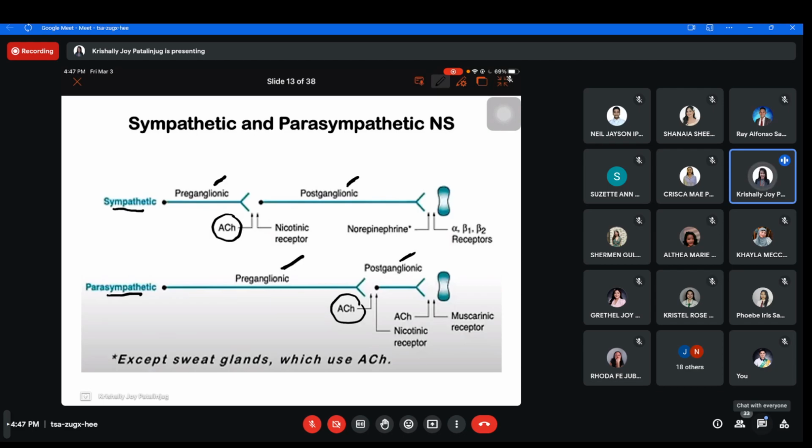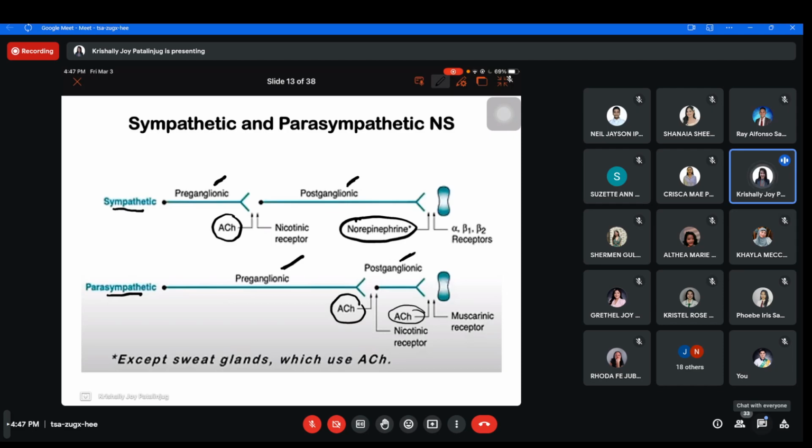And then pagdating naman sa postganglionic neuron, dun sila nagkakaiba. Yung pinakita dito is the principal neurotransmitter, norepinephrine. Then for parasympathetic naman, diba, acetylcholine lang.